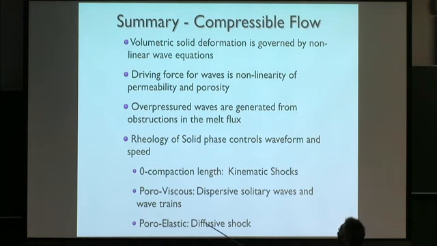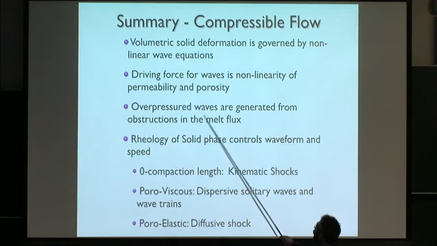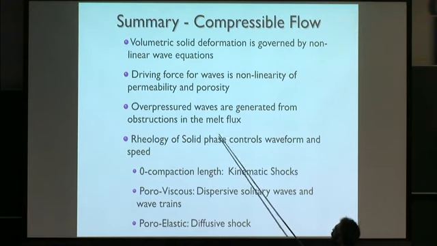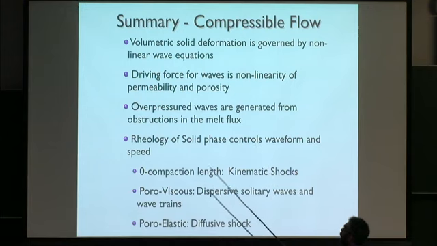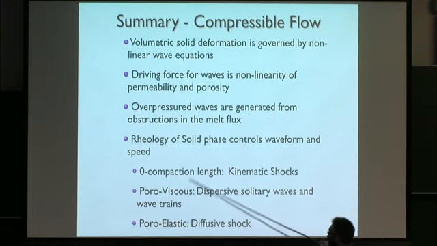It's going to propagate. You're going to generate overpressured waves from any initial condition that generates obstructions in the flux. Anywhere where melt can't get through, it's going to start generating these kinds of things. However, it's the rheology of the solid phase which is critical as to how the waves behave, how they propagate, and their form. And so I've shown you three simplified versions of the rheology.